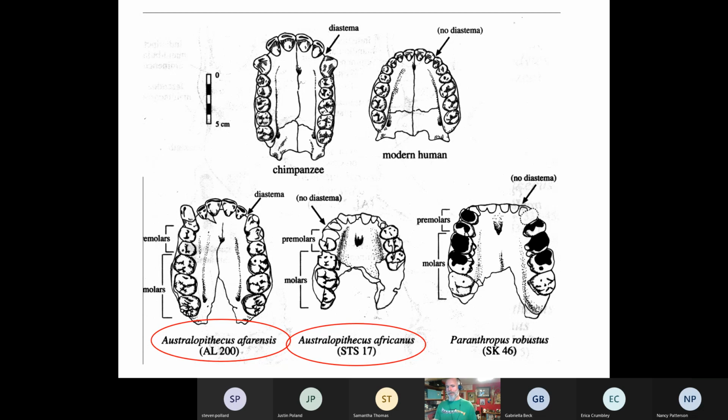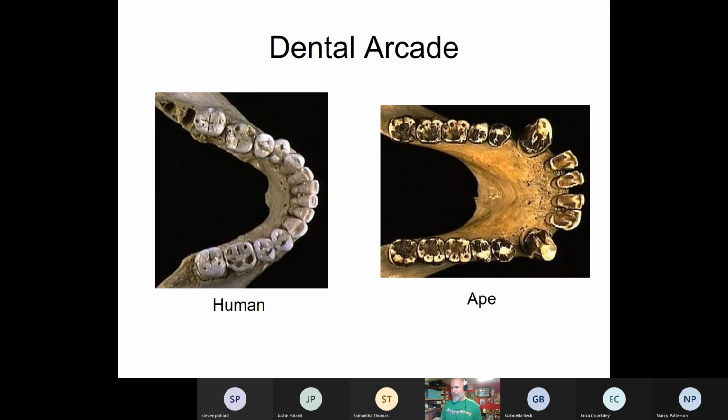So as the body size becomes smaller and the robustness becomes minimized, we're getting closer to modern humans. This is a nice breakdown if you look at it from these 4 or 5 different representations. However, I love these next 2 slides, because it really brings it down to what we're talking about when we talk about the dentition.